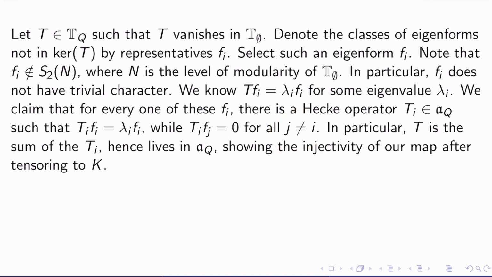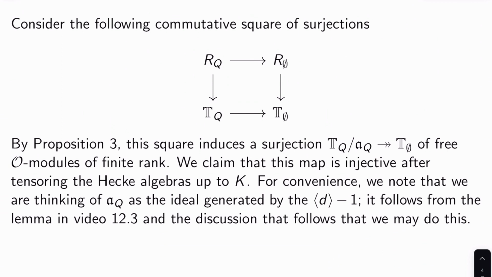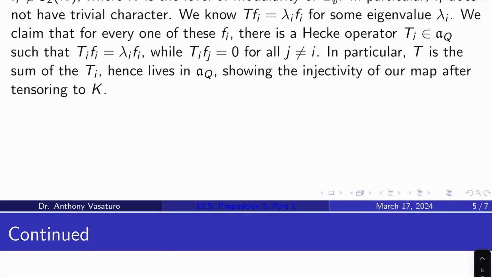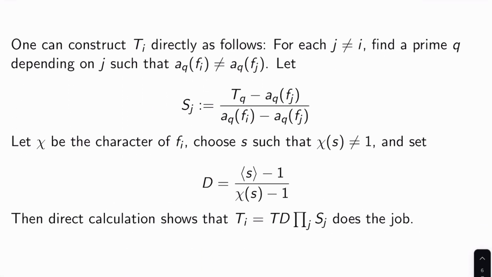If we can show this, we're done, because that means T is the sum of the T_i's, and so it lives in A_Q by definition, showing the injectivity of our map after tensoring up to K, because maybe coefficients of these guys are in K. So what we'll have shown is that if something maps to 0 here, then it's in A_Q here. And so then we have a first isomorphism thing, after we tensor up to K. And then we'll have to deal with establishing the isomorphism without tensoring up to K as well.